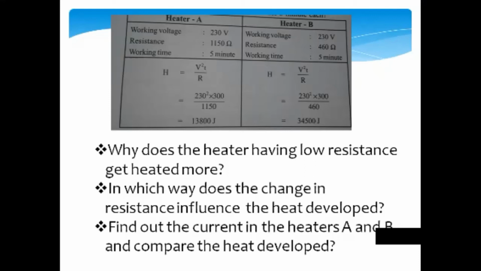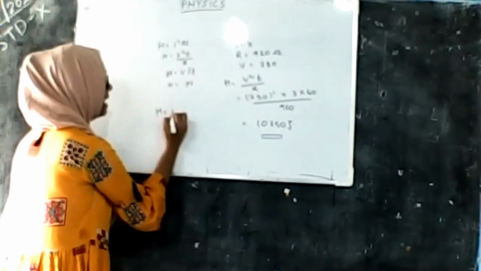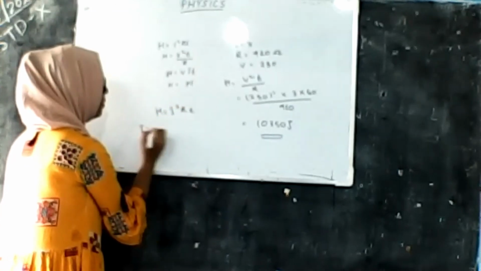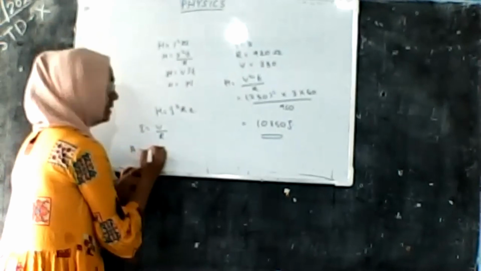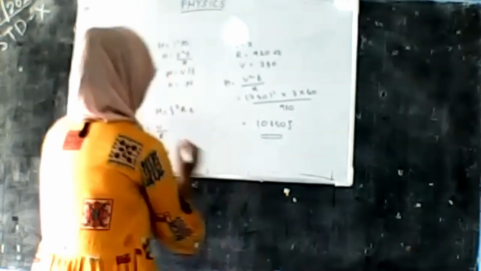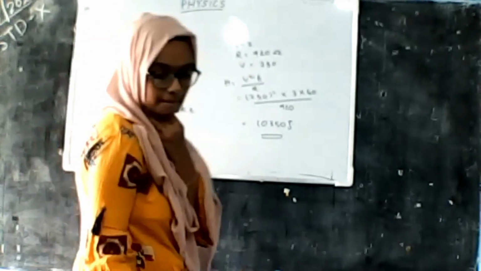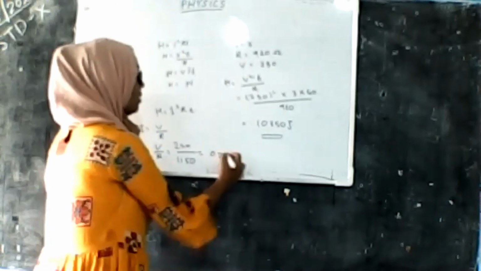Find out the current in the heaters A and B and compare the heat developed. When we find the current in both of these heaters from the given values, we use H is equal to I square RT and I is equal to V by R. For heater A, V by R is 230 divided by 1150, and we get 0.2 ampere as the current.